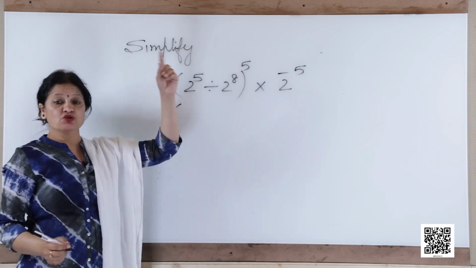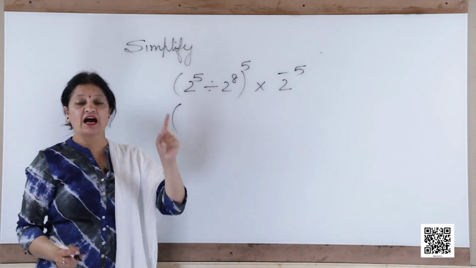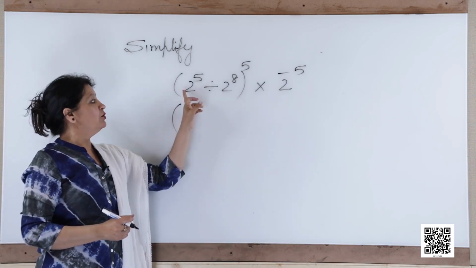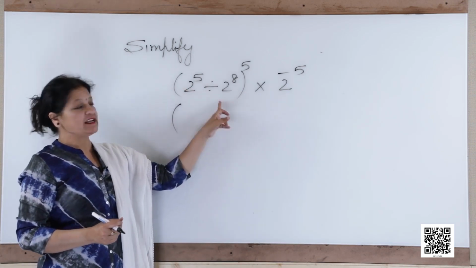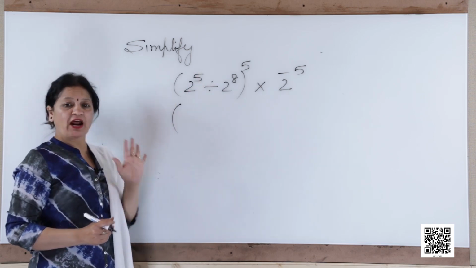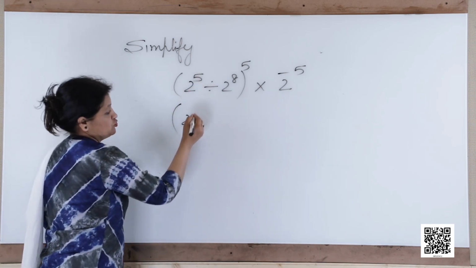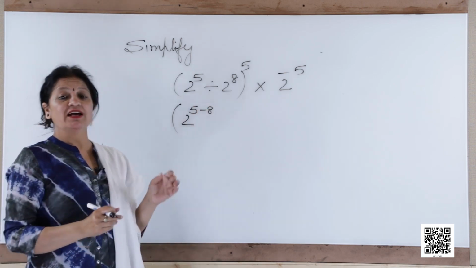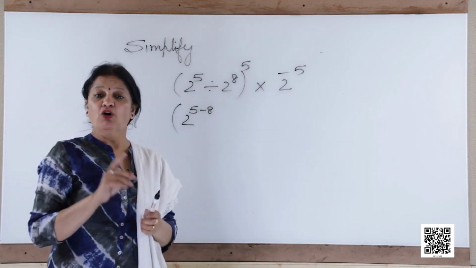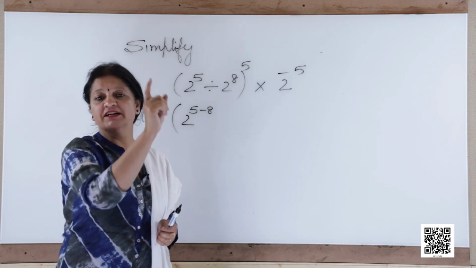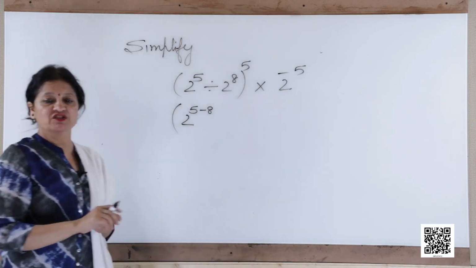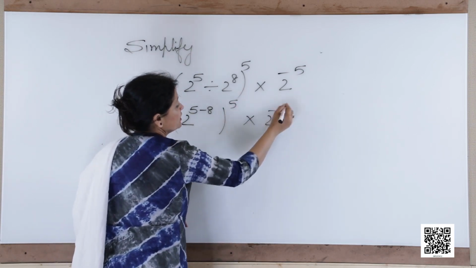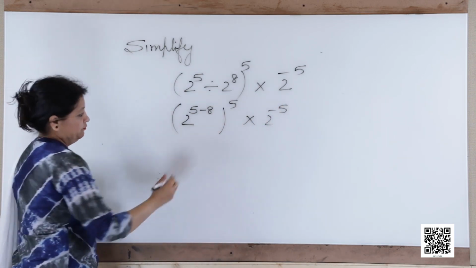First of all, we always have to solve the bracket. Base same, divide sign, so powers will be subtracted. So it will be 2 raised to the power 5 minus 8. Do not write it as 8 minus 5. It will always be the first number minus the second number, whichever power is first. Outside it is 5, and into 2 raised to the power minus 5.